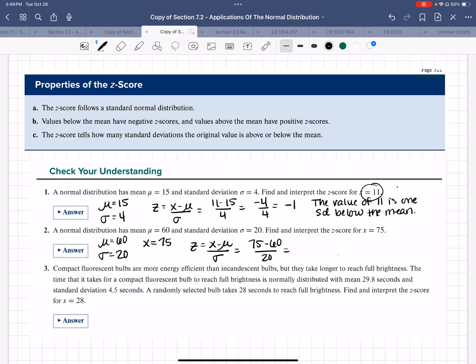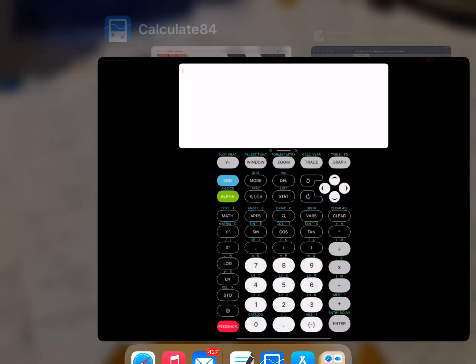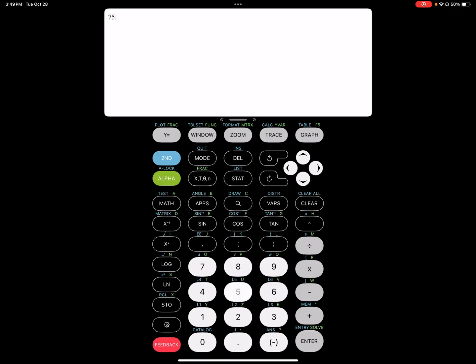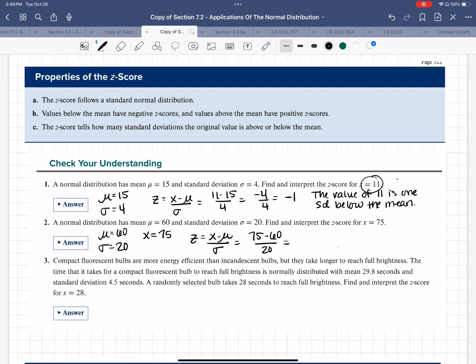I do have a TI-84 app on here, so 75 minus 60 divided by 20 gives me 0.75.